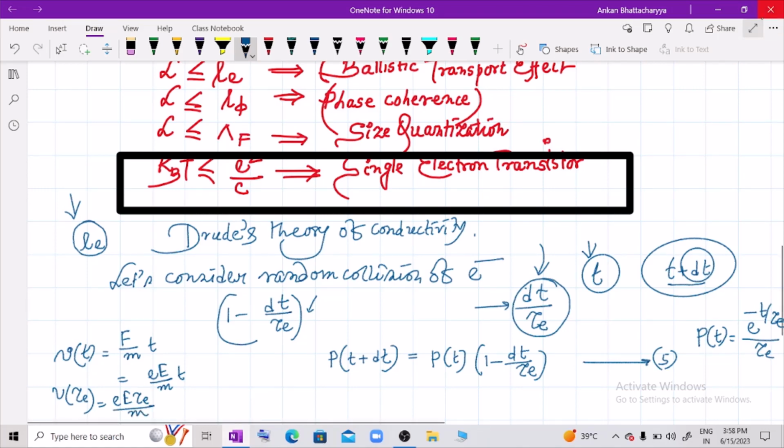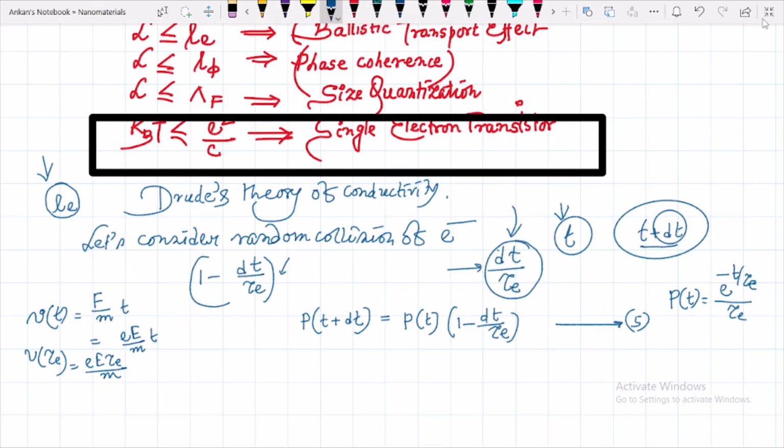Now again, current density J is n e V, where n is the number density, e is the charge of the electron, and V is the drift velocity, or the velocity attained between two successive collisions. If I put the value of V at tau e in this, we will get n e squared tau e divided by m, into E.